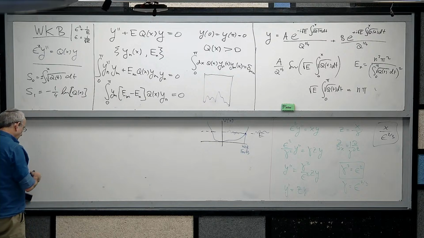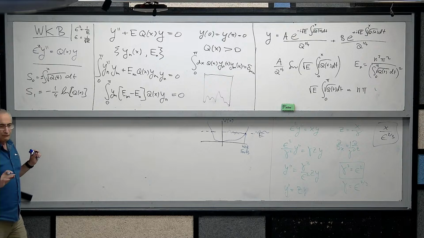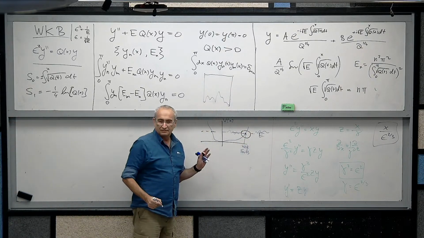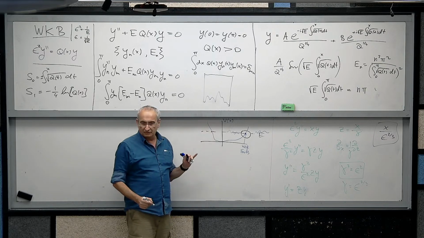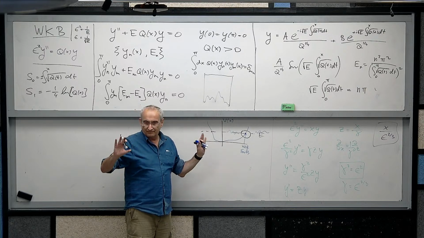So, what we are going to do. First of all, I would like to concentrate on the region here, so I am forgetting about this other turning point. So we start with a one turning point problem.